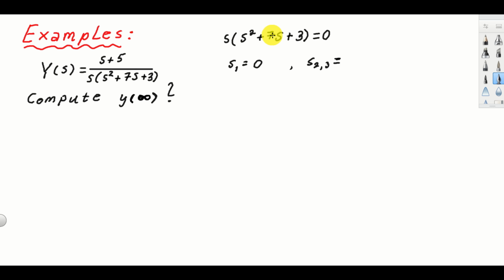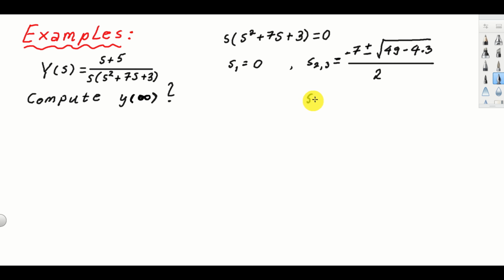By applying the quadratic formula, we can compute these zeros. They are -7 plus minus the square root of b squared, which is 49, minus 4ac. a is 1 and c is 3, so it's 4 multiplying 3, divided by 2.